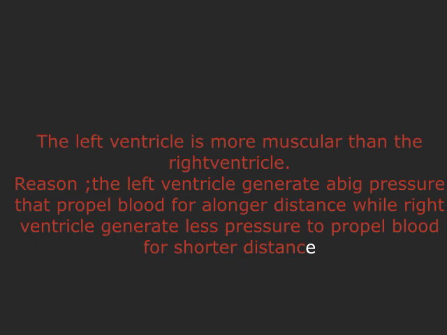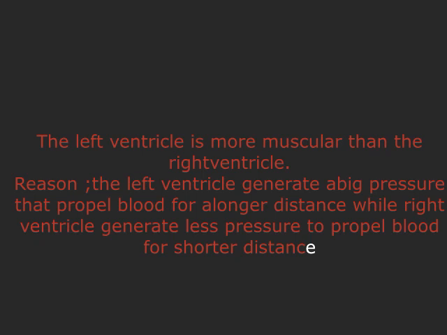Now we will discover that on the left side of the heart, the left ventricle is more muscular. The reason why it is more muscular is to generate a bigger pressure that can propel the blood for a longer distance. Remember, the aorta is carrying the blood a longer distance to the rest of the body parts. But when you look at the right ventricle, it is thinner, because it is going to push blood for a shorter distance.